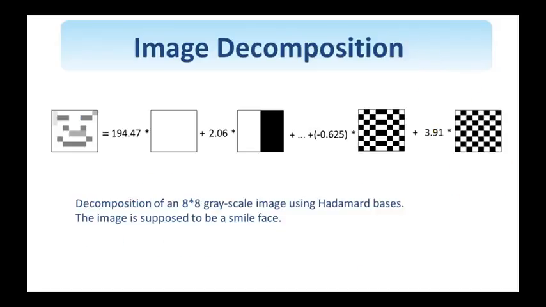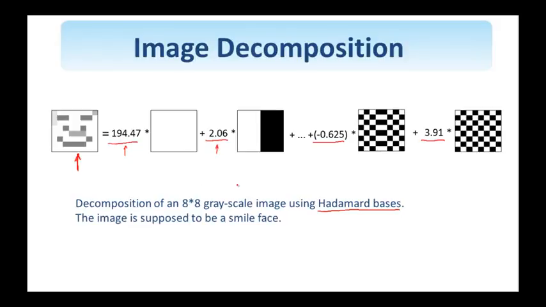Here's a toy example. We have this image of a smiley face, and as basis we use Hadamard basis. I'll say a few more things later on. By projecting this image of the smiley face into each and every one of these bases, we obtain these resulting coefficients. Only 4 of those are shown, and therefore, again, I can decompose this image as the weighted sum of these basis functions, and these are the corresponding weights.